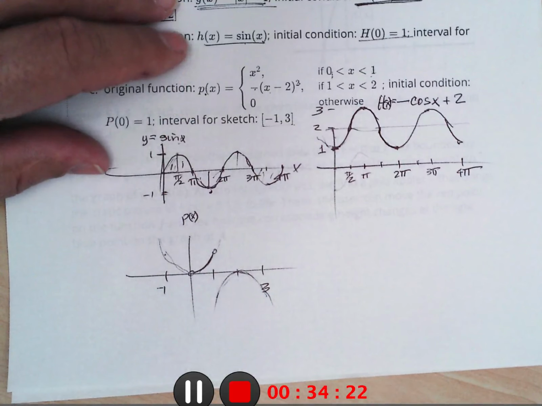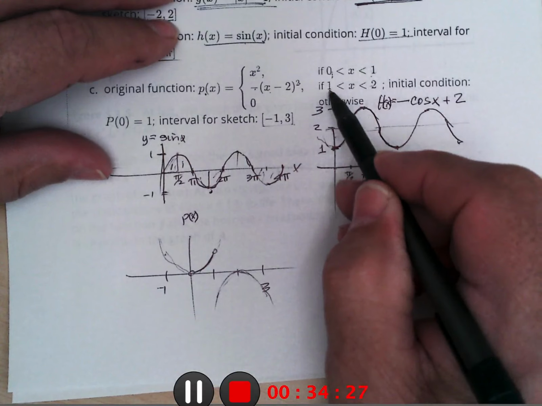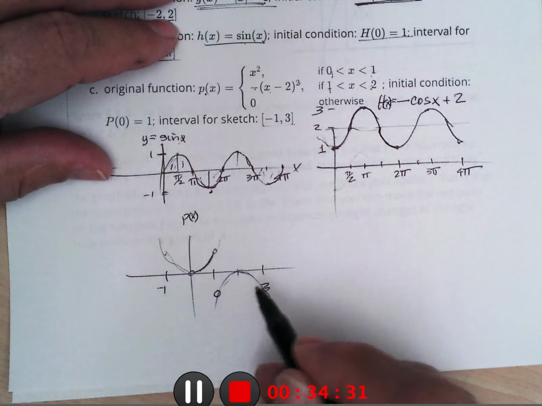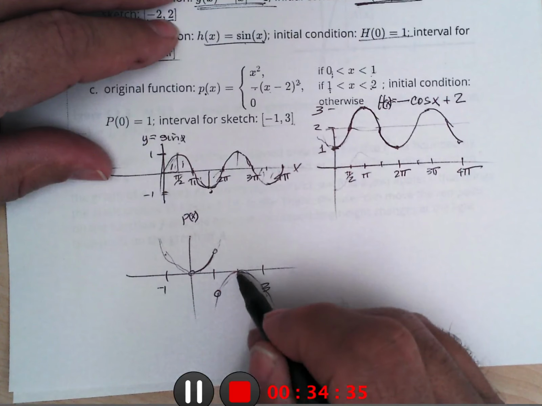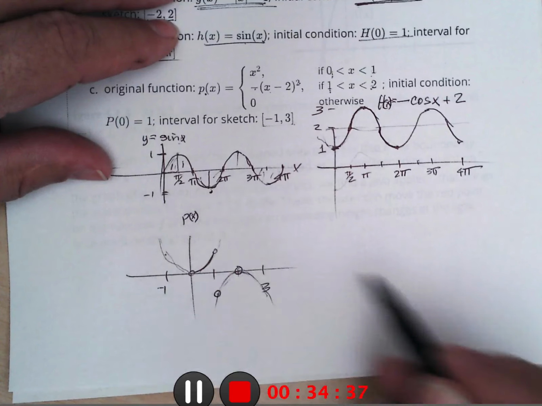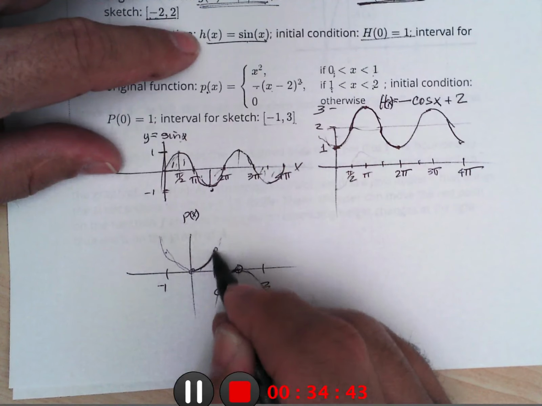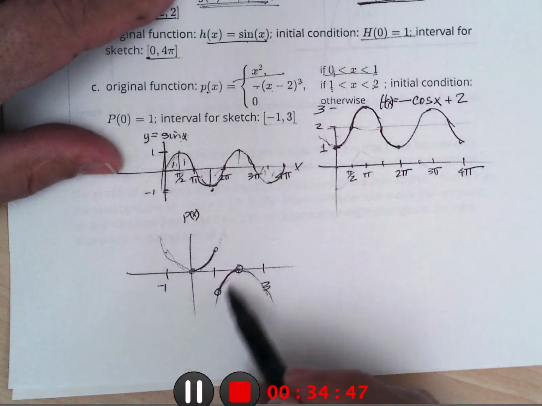But we're only supposed to do it from 1 to 2, not including 1 and not including 2. Not including the 1, where it's at minus 1, and not at 2, so that's an open circle there. So it's just this piece. So we have this piece from that, this piece from that and that.